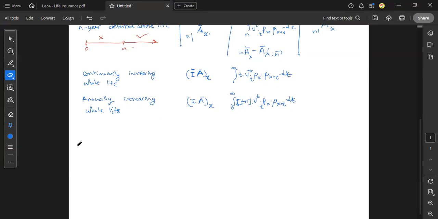And also I mentioned the increasing term life and the decreasing term life. I'm not going to mention everything, so let's do it for two cases. If it is increasing term life, you just replace infinity by n.